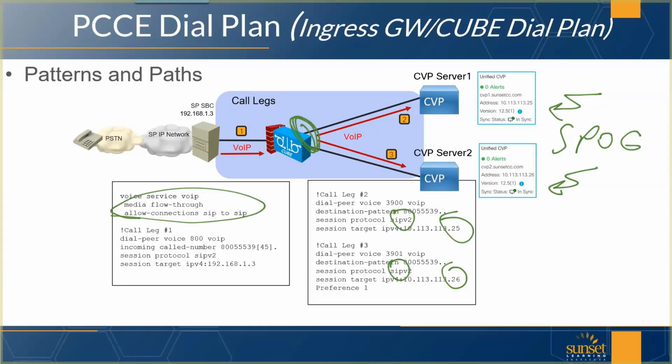So this is what our dial peer is doing for us in this particular gateway. I'm not sure we need to go into too much more detail about that. The dial peer 800 is defining the call leg, which is matching the incoming calls with this DNIS. We mentioned the range 40 to 59 for this particular scenario. Notice wildcards, including the expression that 45 in brackets here is defining the range.